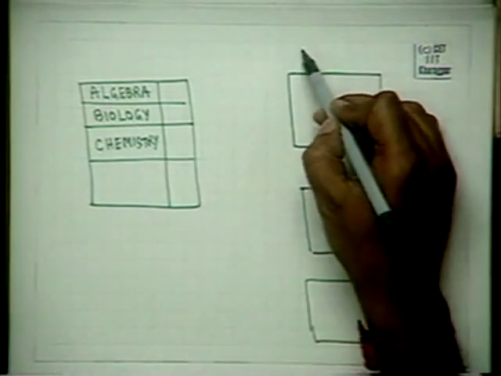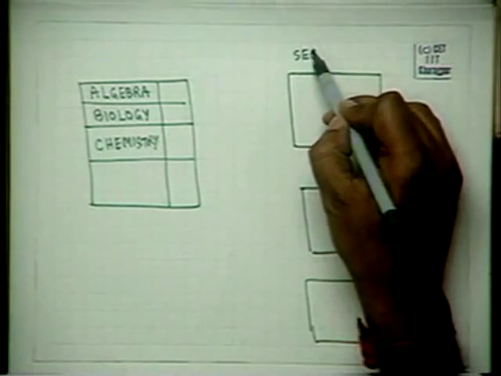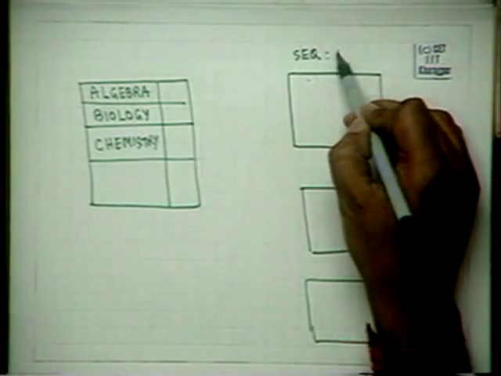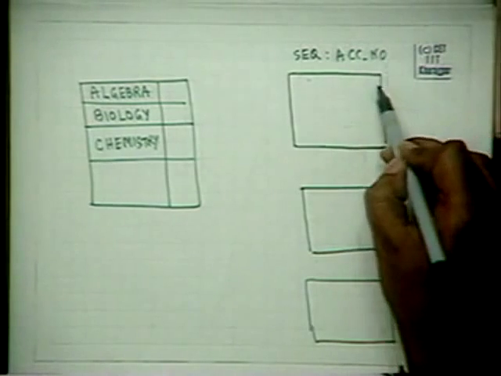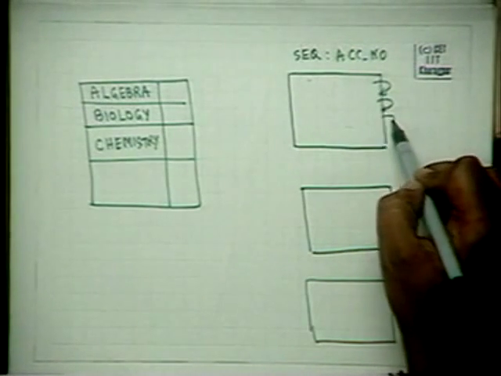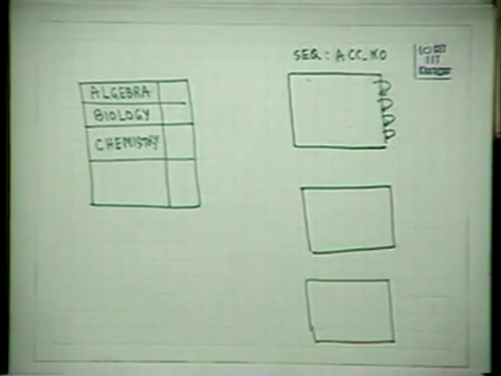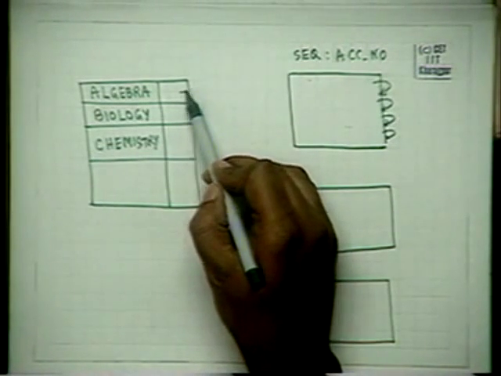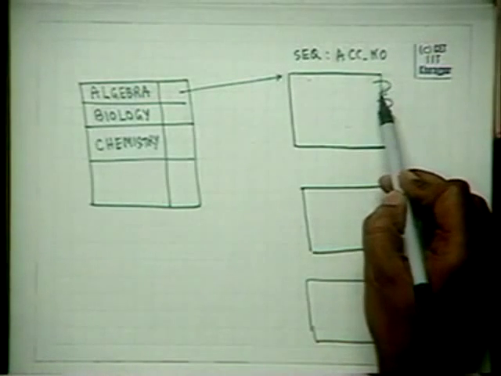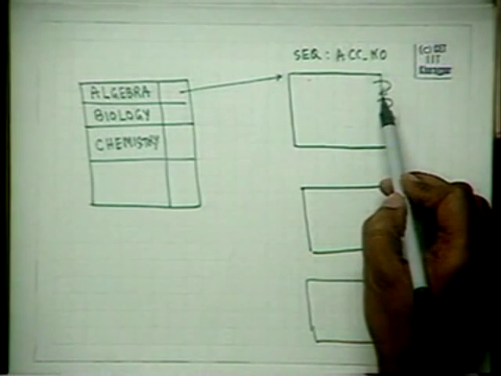But here the sequential file is organized on accession number, so these pointers are pointing by accession number. I may point to the first record in algebra, but the next record here will not be the next one related to A or algebra.